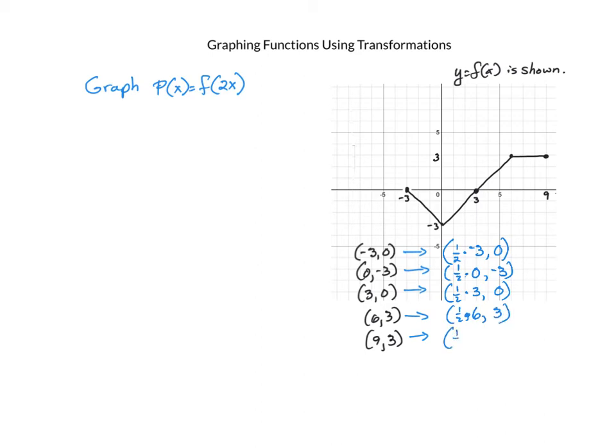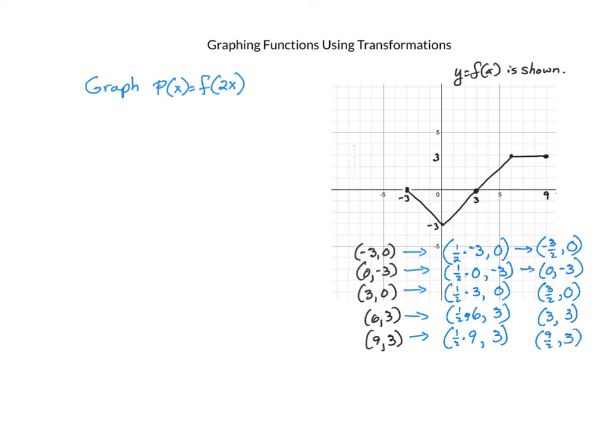And 1/2 times 9, 3. So those ordered pairs become -3/2, 0, 0, -3, 3/2, 0, 3, 3, and 9/2, 3.